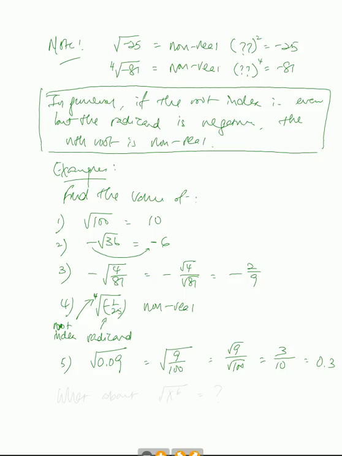Okay, so now that you understand how to do square roots and cube roots in general, the big question is, what if I were to ask you square root of x to the power of 6, what is that equal to? Remember the rule of the game.